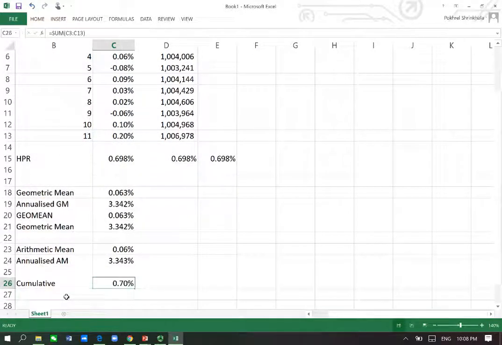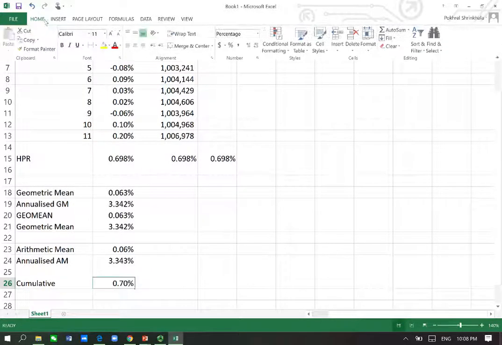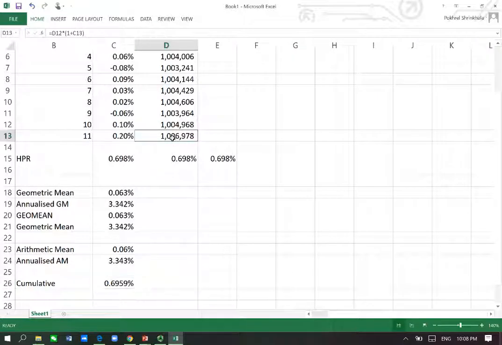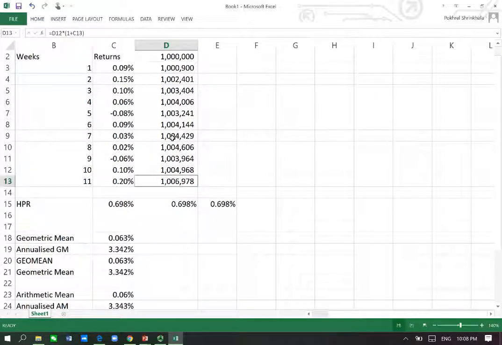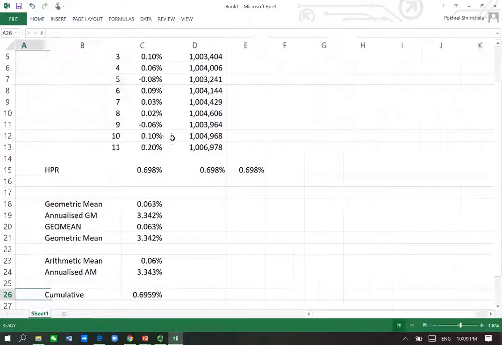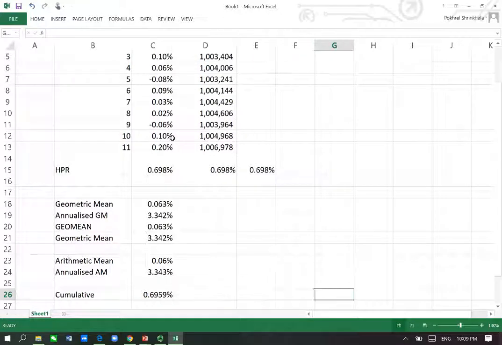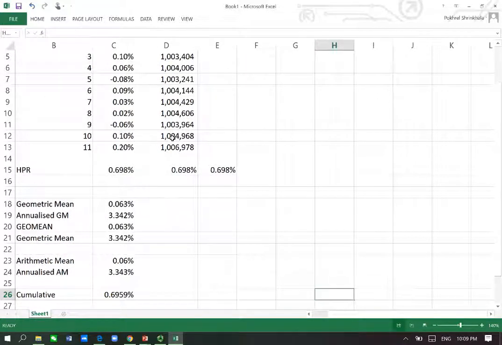So it simply tells us by how much the money will grow at the end. So that's what we're saying: 1 million will become 1,600,978, and that's something that we can find from the cumulative return figure.